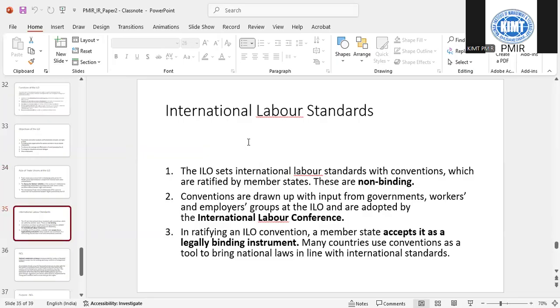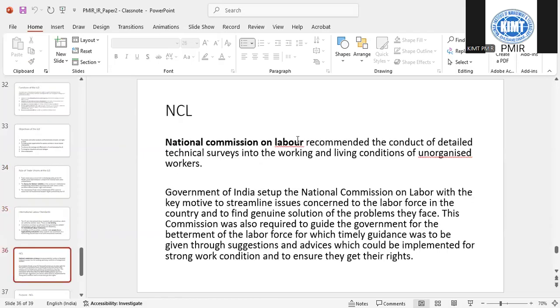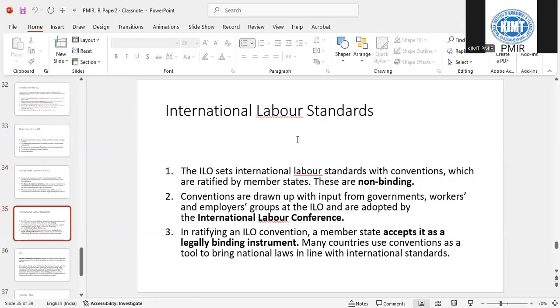International Labour Standard. The ILO sets international labour standards with conventions which are ratified by member states. These are non-binding. Labour standard, international labour standard. Suppose one example is the age limit for child labor. So what is the age when you will consider this labor is child?